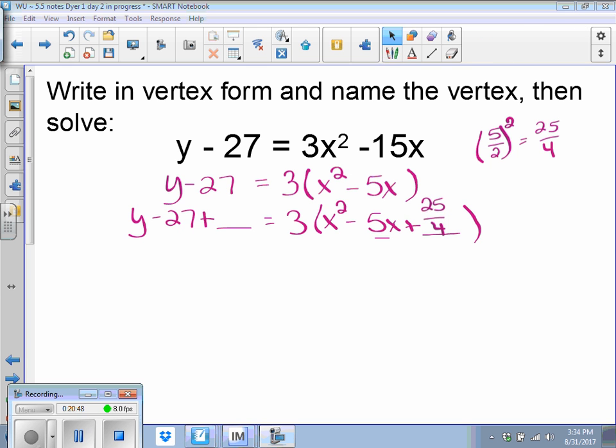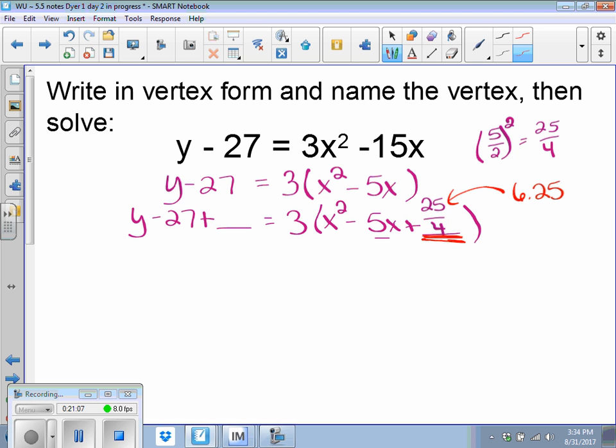Now, if you wanted to, 25 fourths, you could write it as a decimal. 25 fourths as a decimal is 6.25. So if you just don't want to deal with the fractions, you could put plus 6.25 in this place right here. Now, before we add anything to the left, we have to take this value and multiply it by 3. So I'm going to leave everything as fractions. 25 over 4 times 3 is 75 over 4.